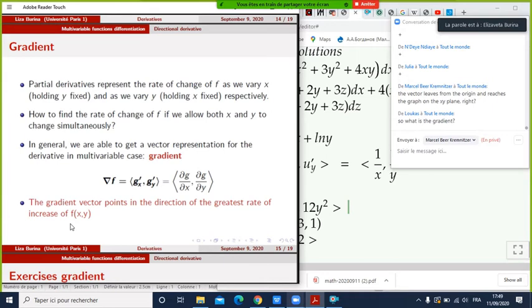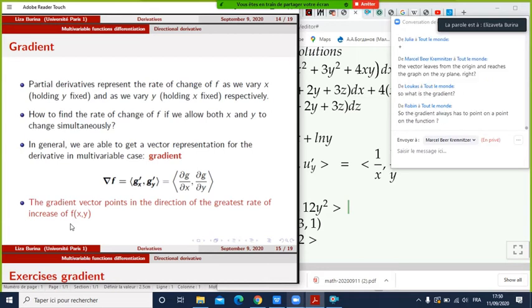But what I want you to capture right now is that it is a vector, and we can calculate it for each point of our graph, and it will always point in the direction of the greatest rate of increase of the function. The gradient always has to start from a point on the function and point somewhere, and the direction will be the direction of the greatest rate of increase of the function.